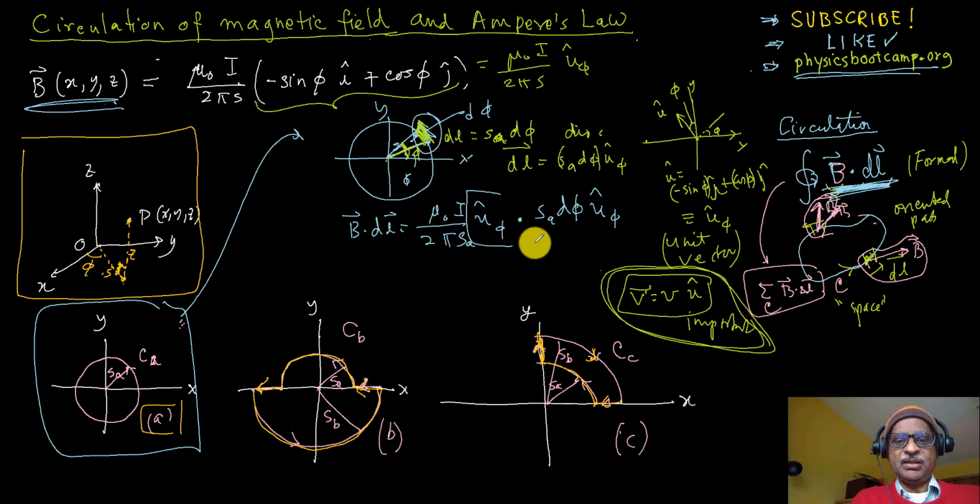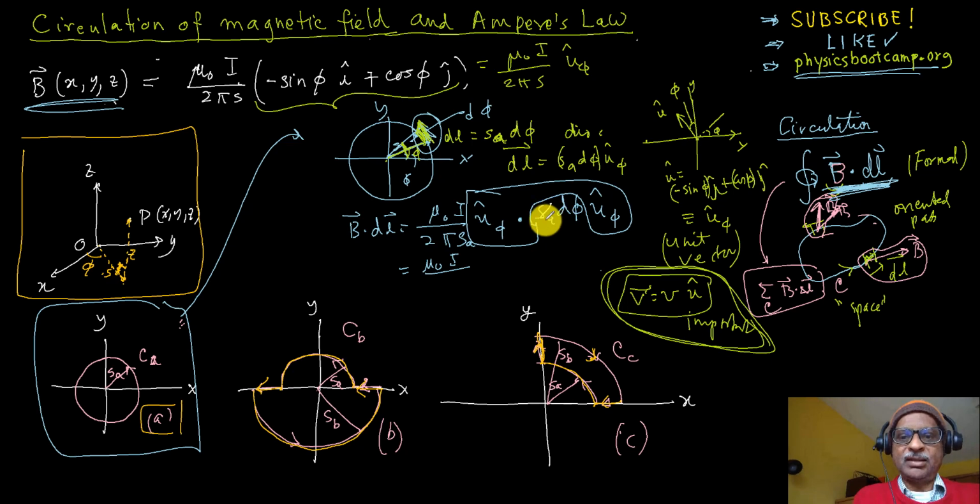So now the dot product between these vectors is equal to 1. So this just becomes mu naught I over, and SA also cancels out this SA. So you get 2 pi d phi, just like that.